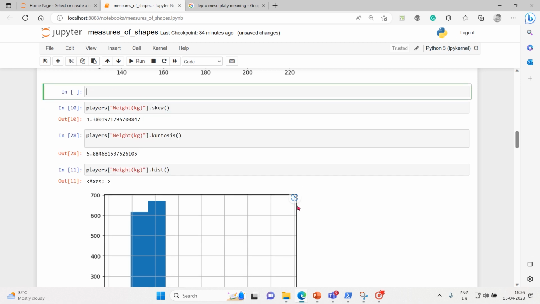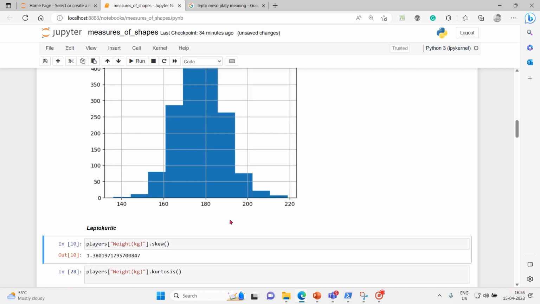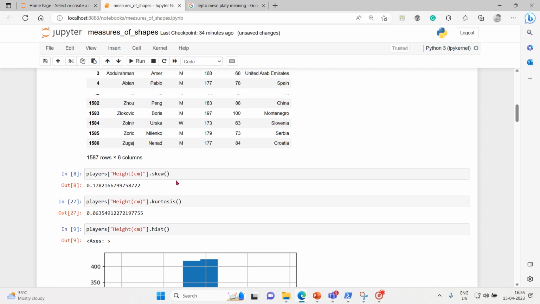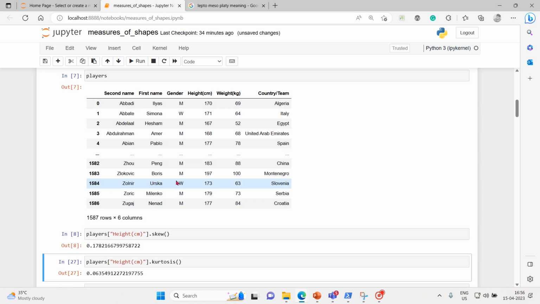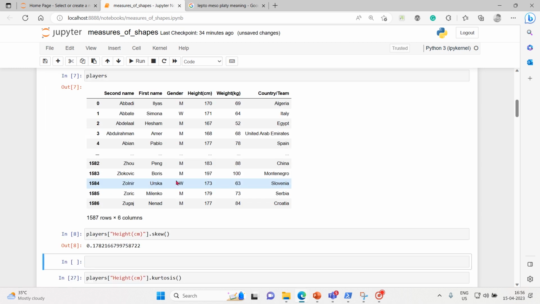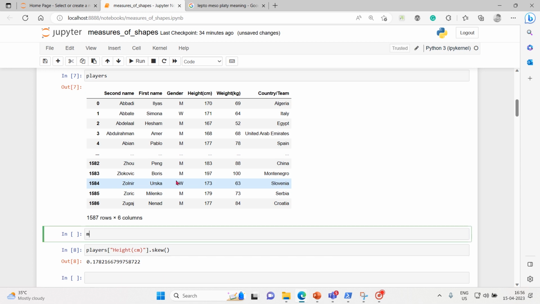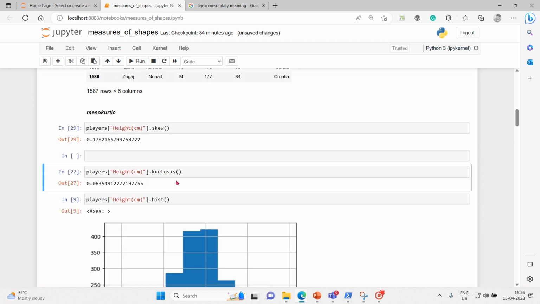This one is leptokurtic, and the top one is mesokurtic. These are all real data. It's not cooked up data.